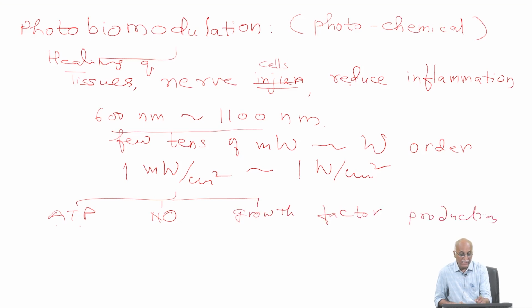So, basically light interacts with some of the molecules of the tissue, and those molecules may be present in the ATP lining, or the light may directly interact with NO or some other molecules, which will induce changes in terms of growth factor, etc. When NO gets excited, it helps in dilating the blood vessels.